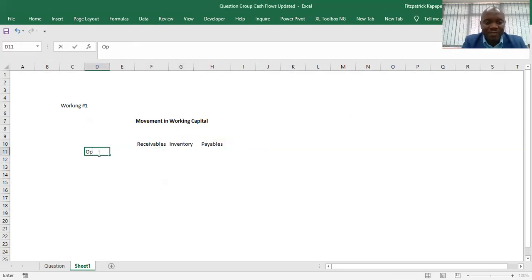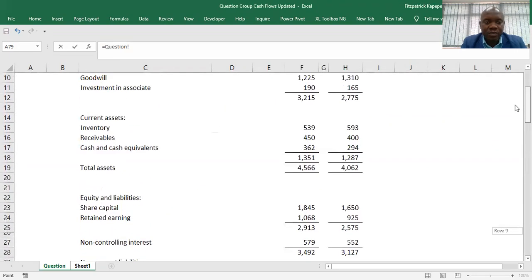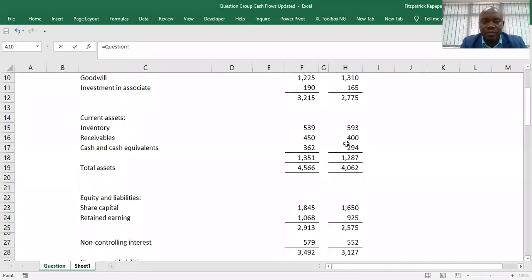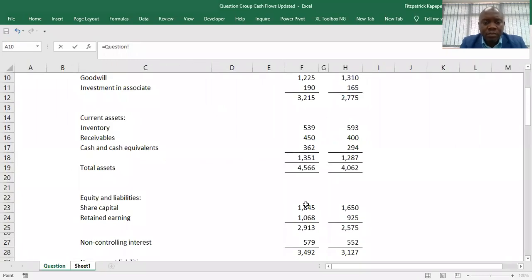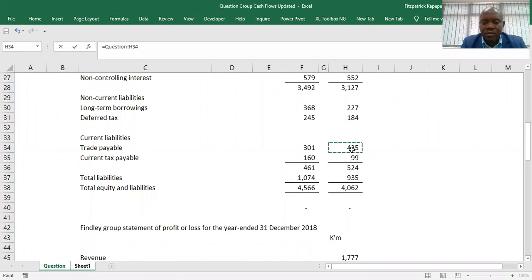We start with the opening balance. Receivables 400, inventory 593, payables 425.